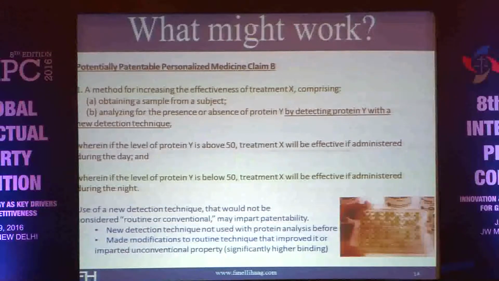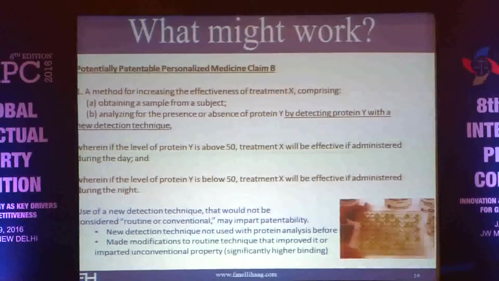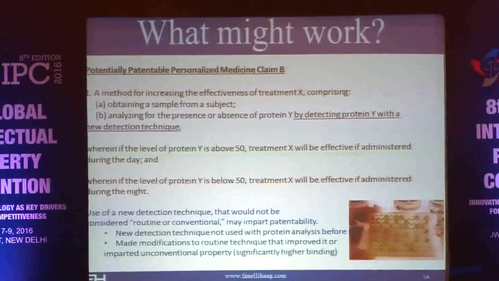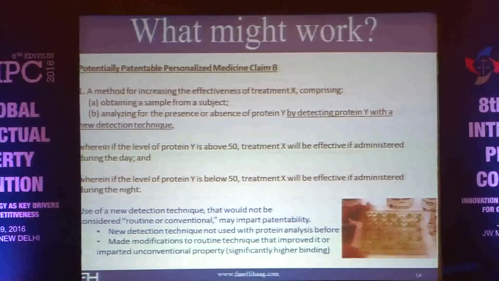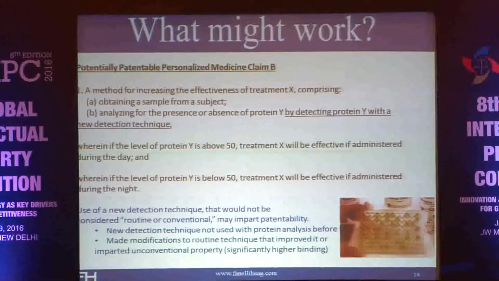The other thing you might be able to do is, if you can show that because of some modification, again this presupposes you have this available to you, because of the modification you made to the method, you're getting a higher binding. You're getting something so much better than what was out there before that it may again impart patentability to this type of claim.